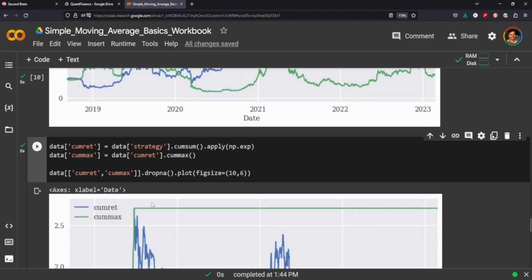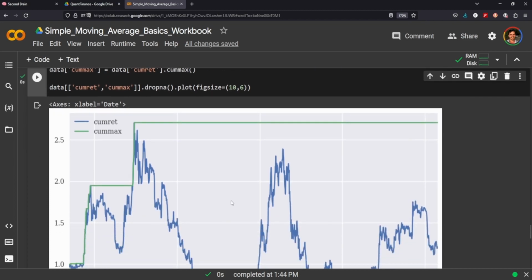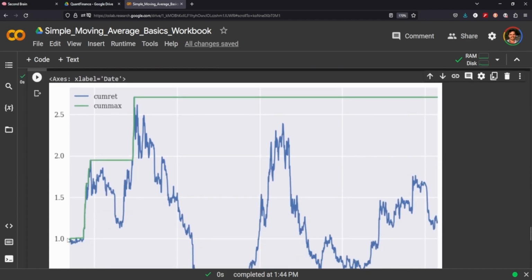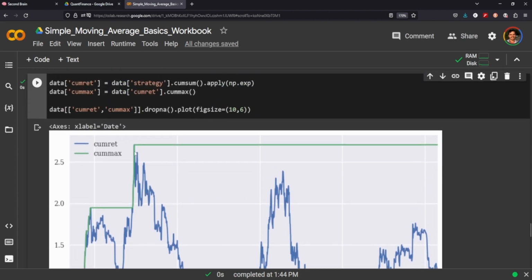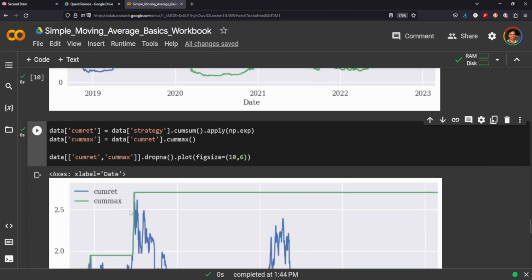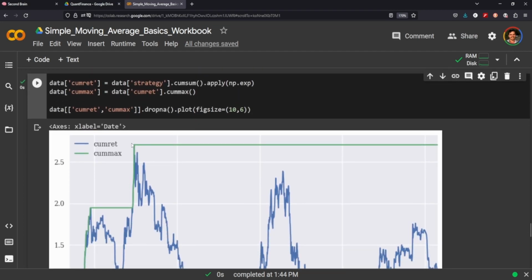We drop the missing values here. The green line is just showing our maximum cumulative return, and we're ignoring these drawdowns here. We should have sold up here because we never really got back to this maximum. In the middle of 2019, our cumulative return maximum was never again reached.